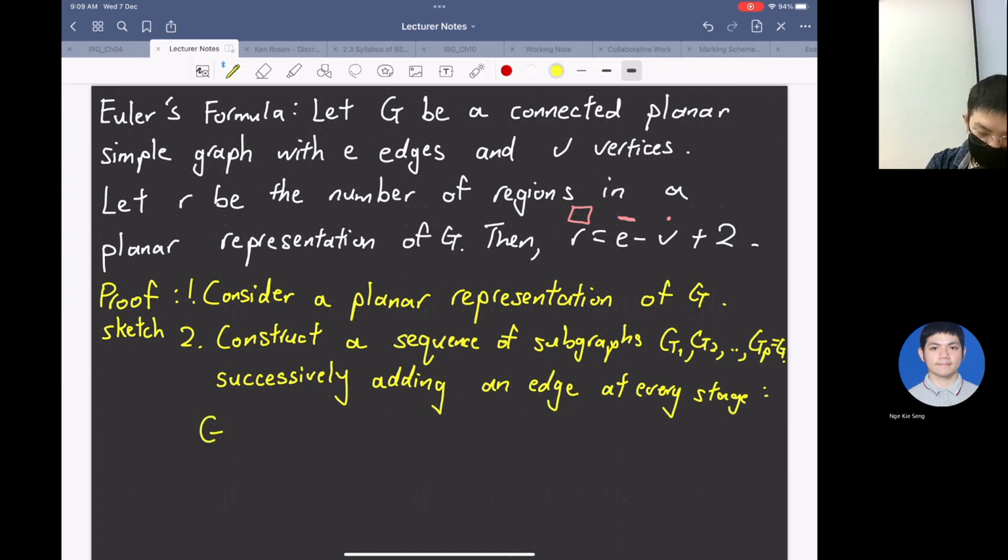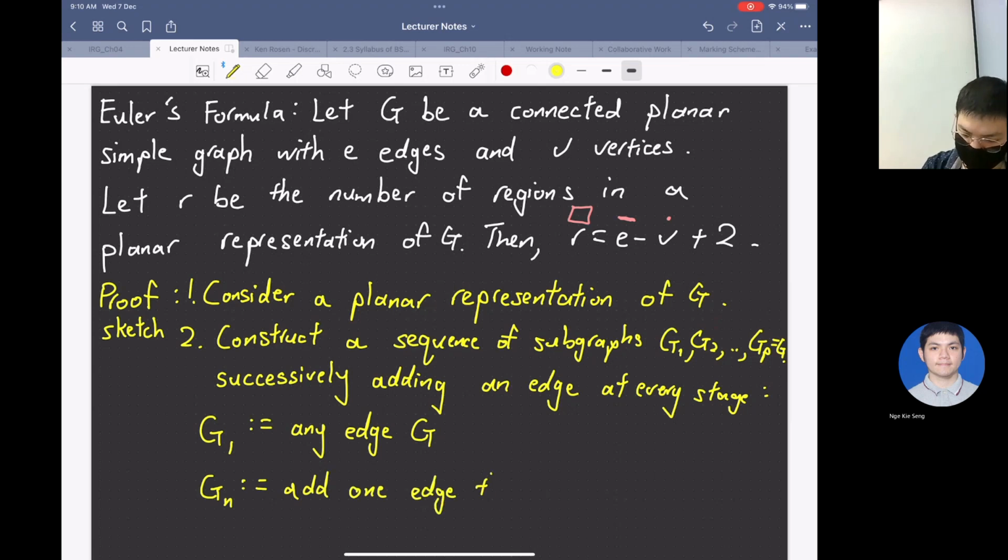You start with any edge of your graph. When you add one edge, automatically you will add two vertices, right? An edge always comes with the vertices incident to the edge, right? And in each step you add one edge. So how to add the edge?